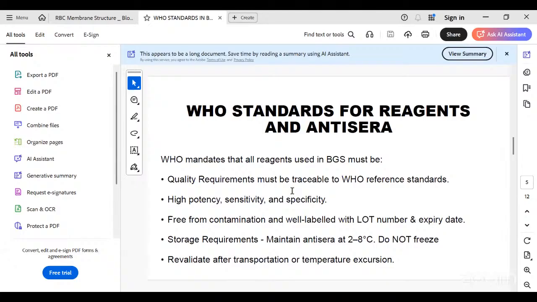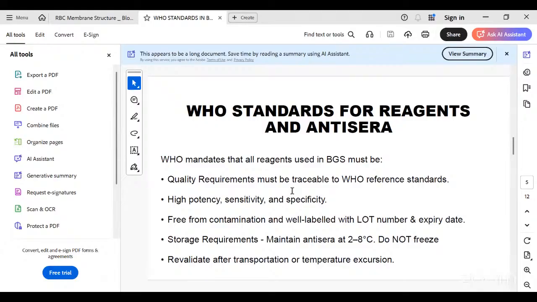Another requirement is the standardization of our reagents and anti-sera. WHO mandates that all reagents used in blood grouping and serology must have quality requirements that are traceable to the WHO reference standard. They must be highly potent and specific.